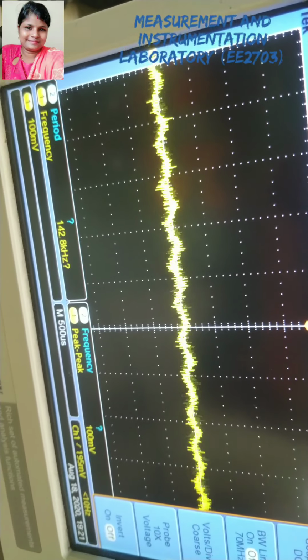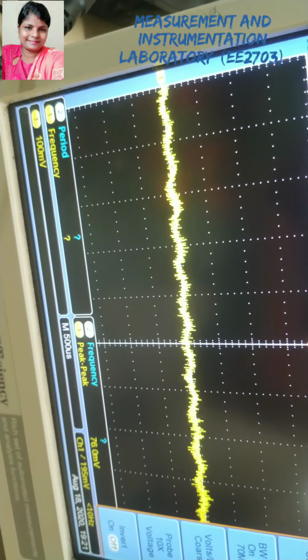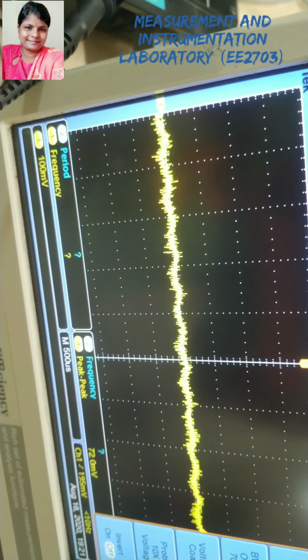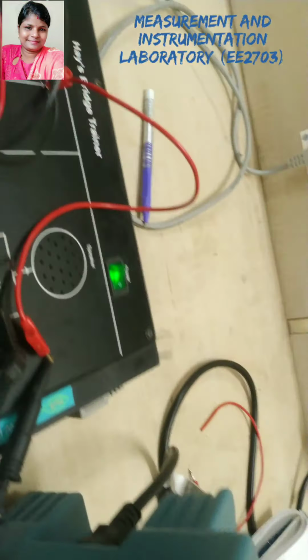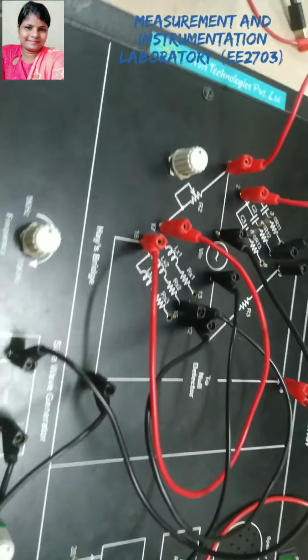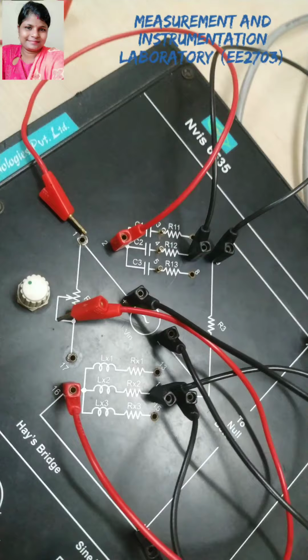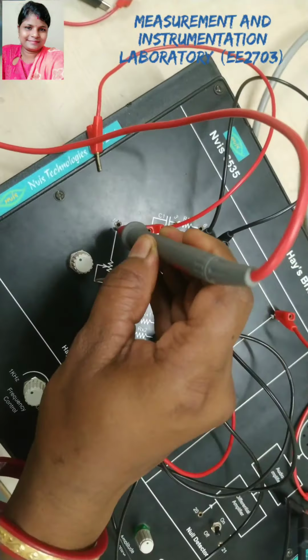Now it increases, so you have to set on 56, 68, 64, 56. So switch off and take the value of R2 using the multimeter.